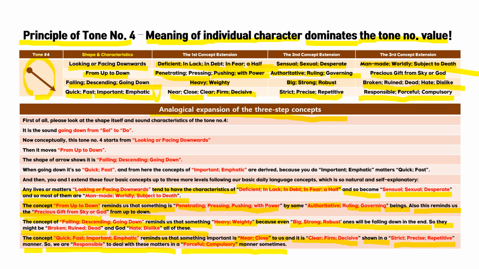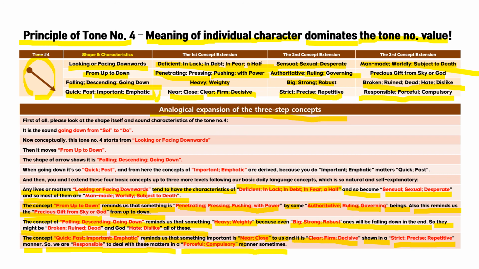So in this way we have expanded the four major key concepts for tone number 4 principles for you to remember as a foreigner when you are learning Chinese characters. This is the conceptual development from the shape of the tone.